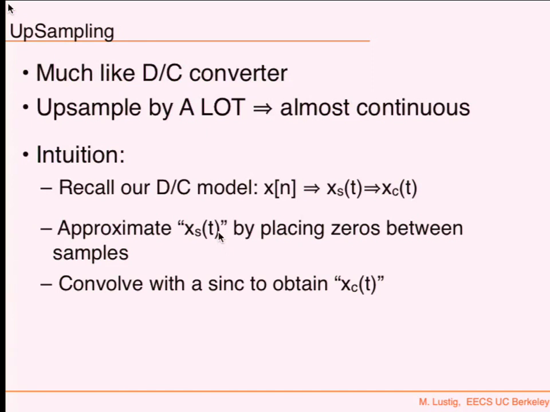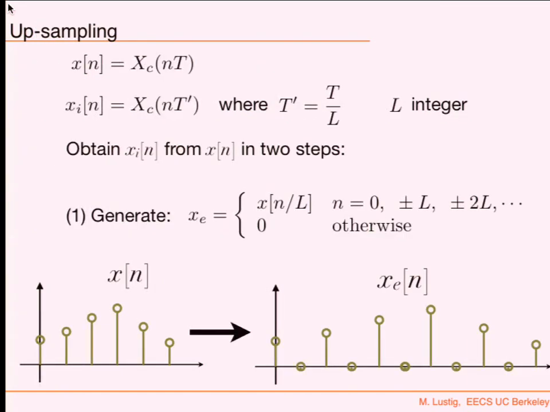The samples represent all the information. Nothing is lost if it's band-limited and we sample at or above the Nyquist rate. So that's why we are able to do all these operations, the resampling, downsampling, everything, in the digital domain, because all the information is there. So here's how we do it.